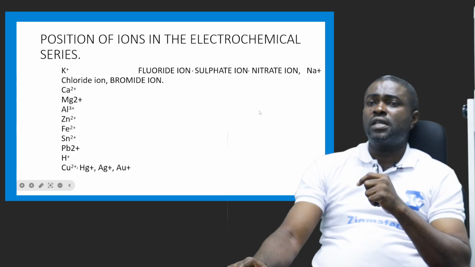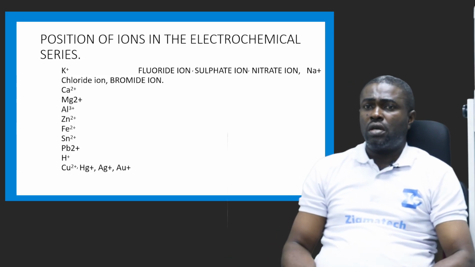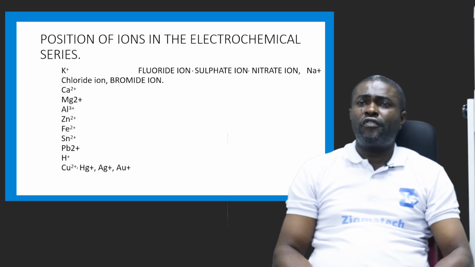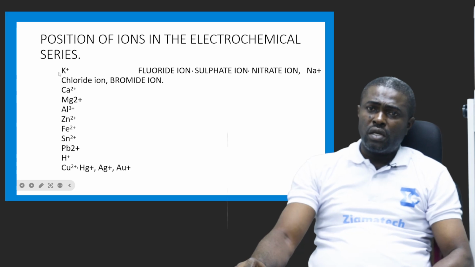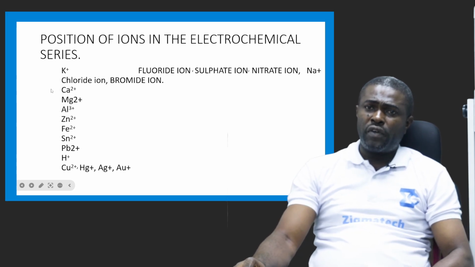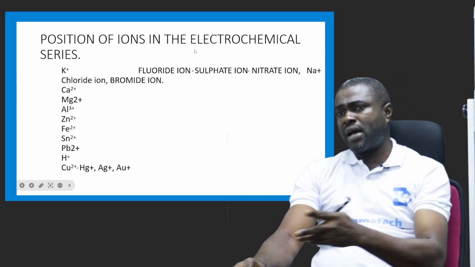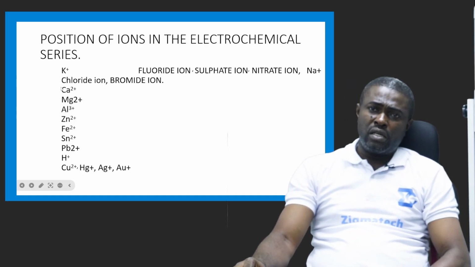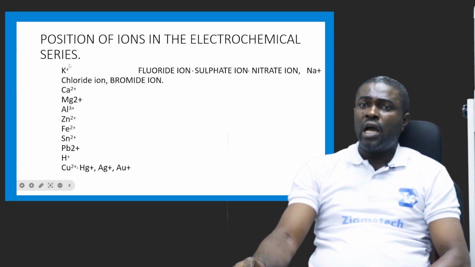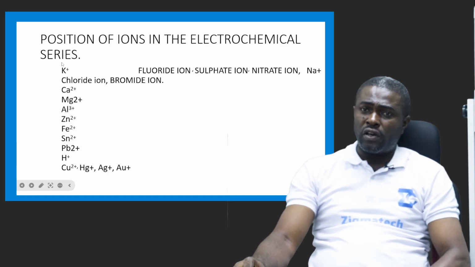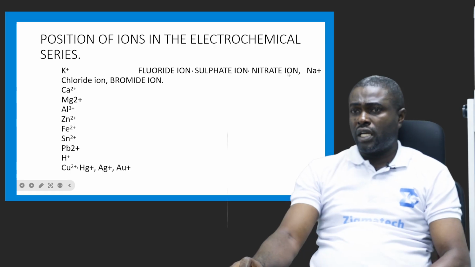The first one is the position of ions in the electrochemical series. Looking at what we have on the slide, I will give you a comprehensive electrochemical series of the positive ions and that of the negative ions.